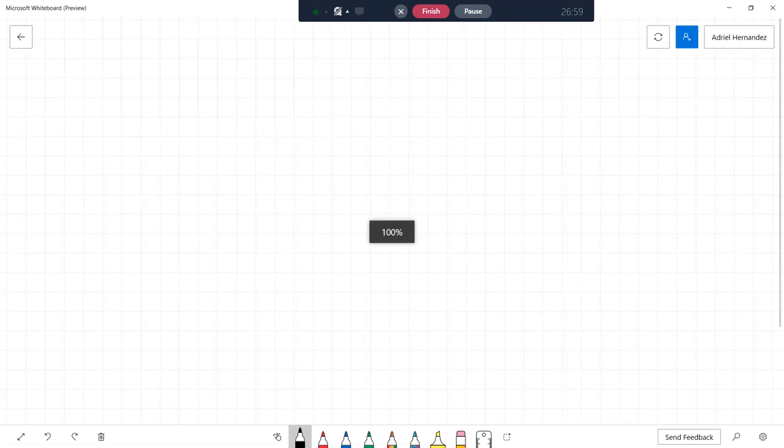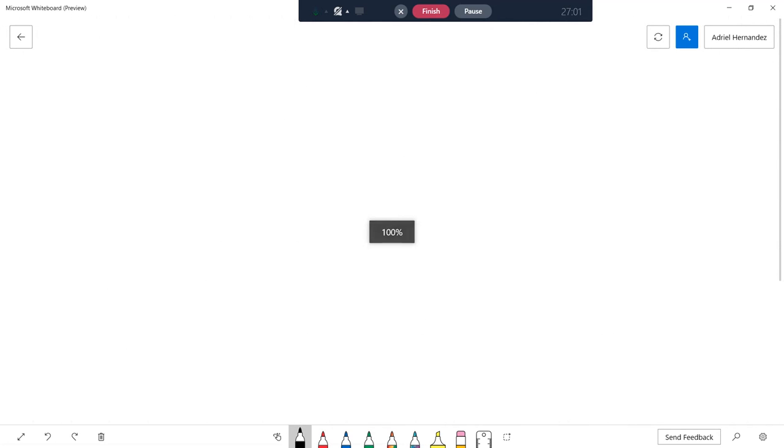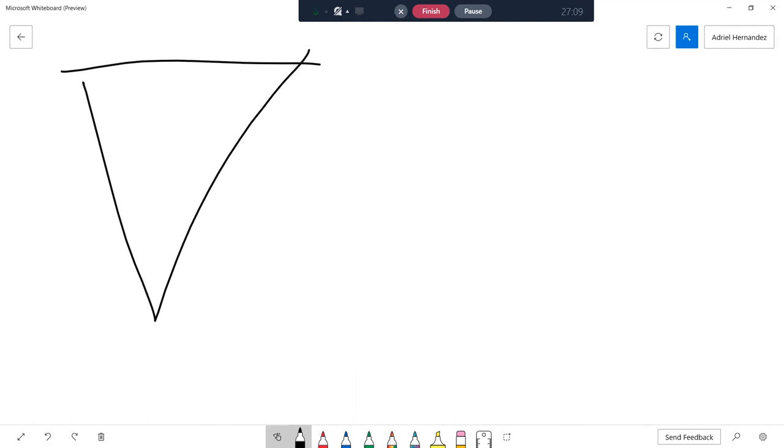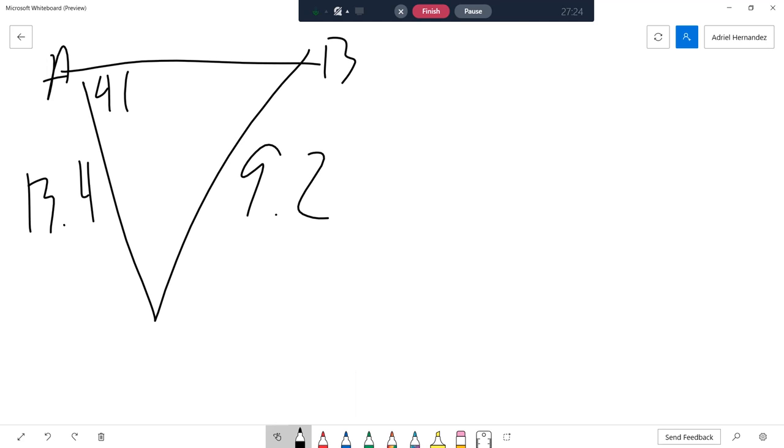At this point, I'm going to assume that you know how to do all this, but I'm going to show you how to combine it all into one equation. So say you're given this triangle, where one of the lengths is 41, 9.2, and 13.4, and say this is A, B, and C. You don't have the length or angle of side C, so I'm going to ask you to find either.